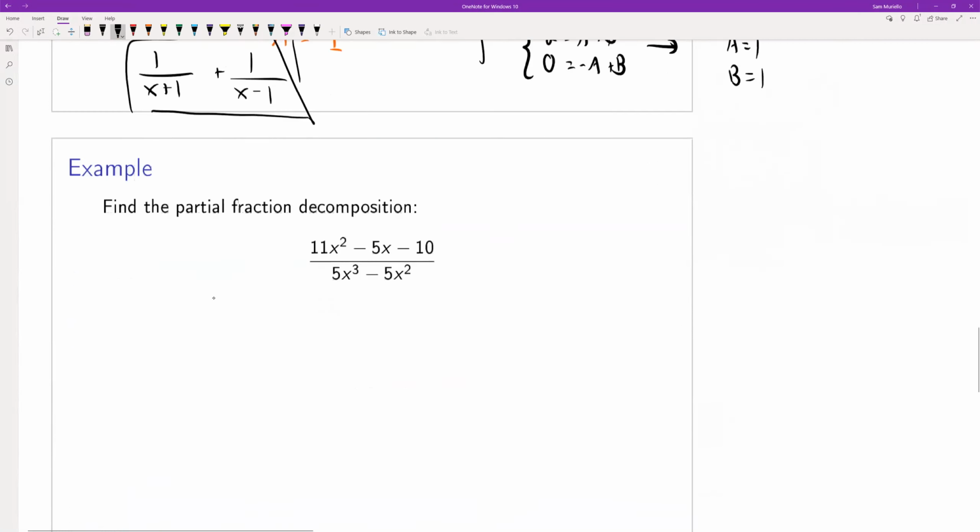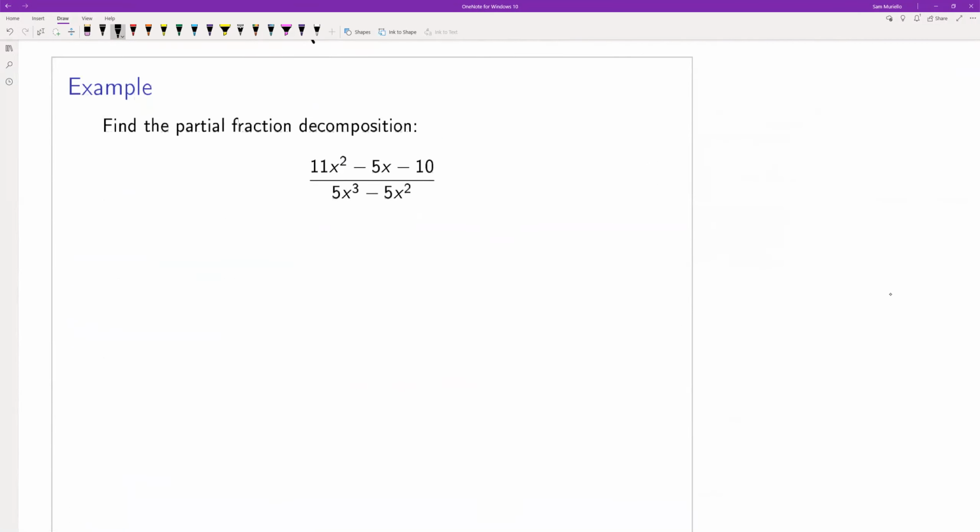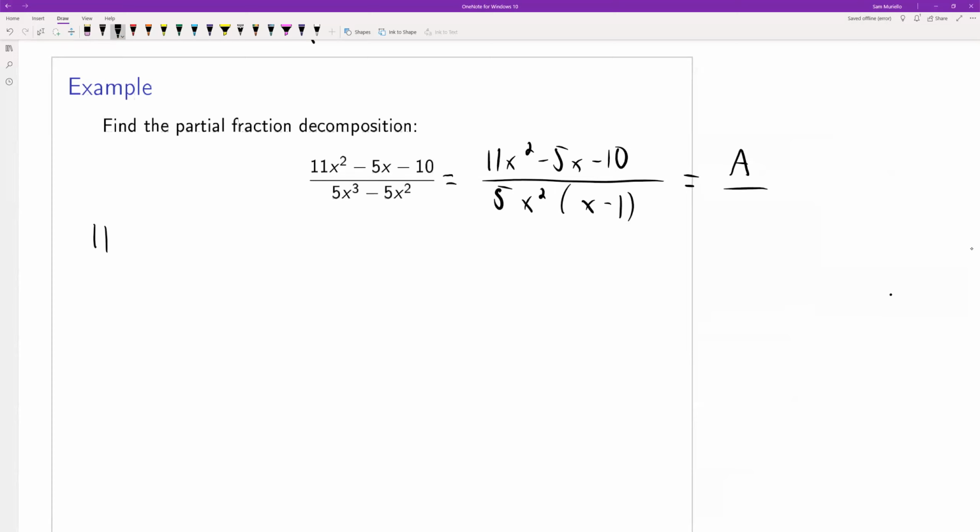Let's do another one. This time, we've got 5x cubed minus 5x squared in the denominator. Now, here, we would like to factor the denominator first. The numerator is 11x squared minus 5x minus 10, and the denominator is 5x squared times x minus 1. That means that we're going to have a over x, b over x squared, and c over x minus 1.